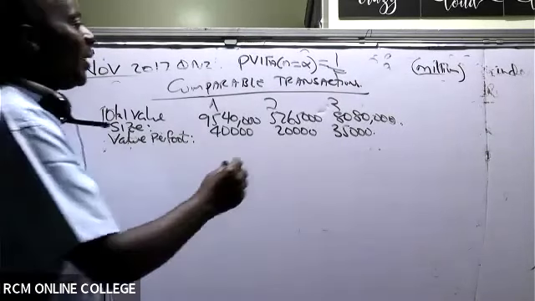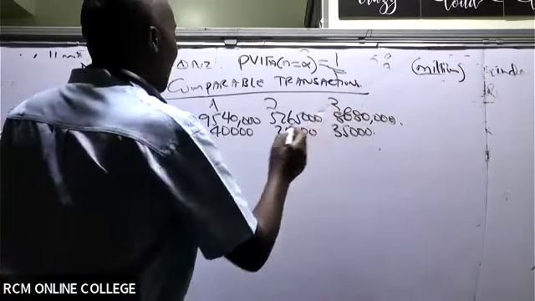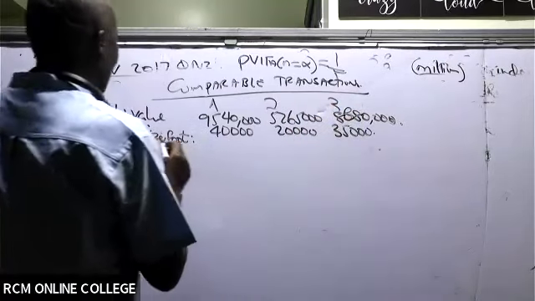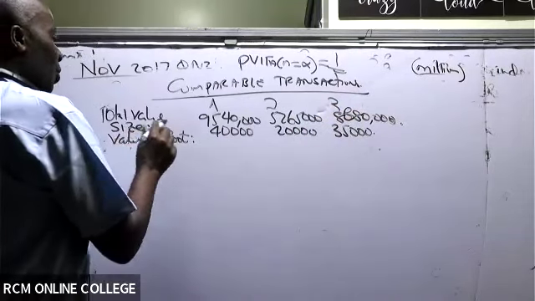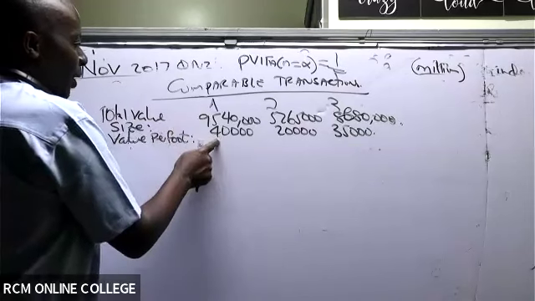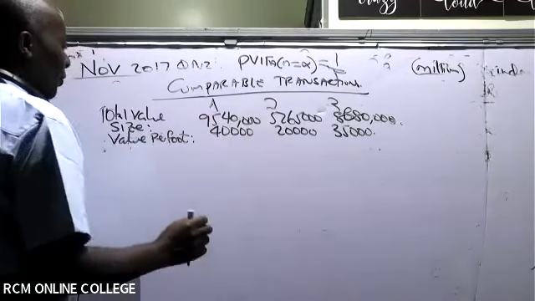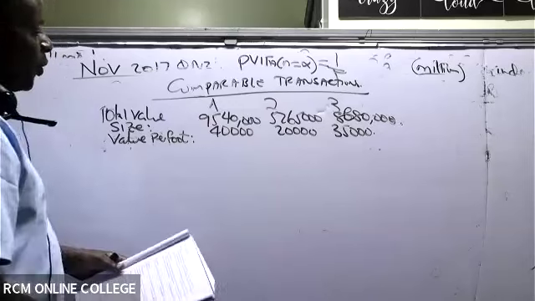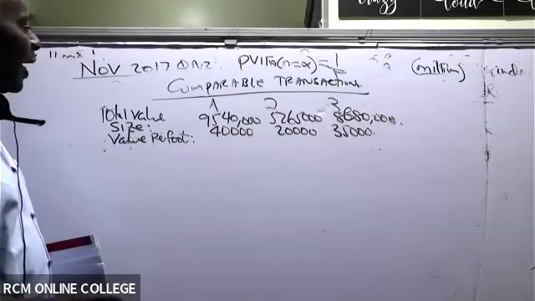88, great. So then come there and write, in this case here, value per foot. You take the size, so you take this divided by 40,000. Please give me this figure. Value per foot, already we have this. It's just about dividing.